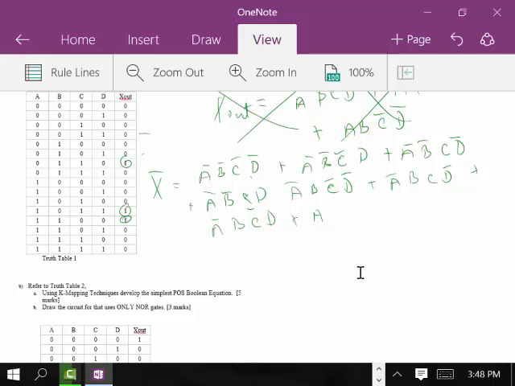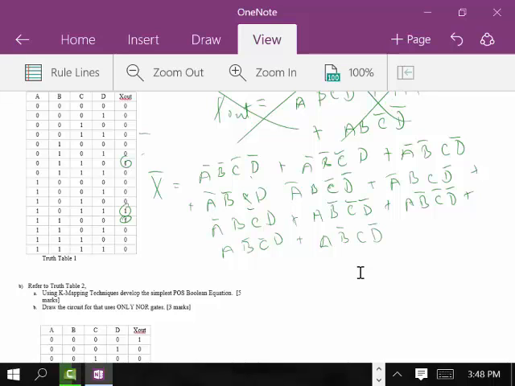A, B naught, C naught, D naught, or going on to the next one. Right there. A, B naught, C naught, D naught, or right here, our next one is A, B naught, C naught, D, or A, B naught, C, D naught.